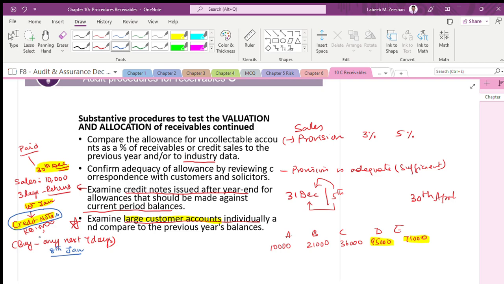Examine credit notes issued after the year end. They are issuing on 1st January allowances that should be made against which period? The current period. They are issuing after the year end, after the month end, but it is related to the current period, which is 30th of December.